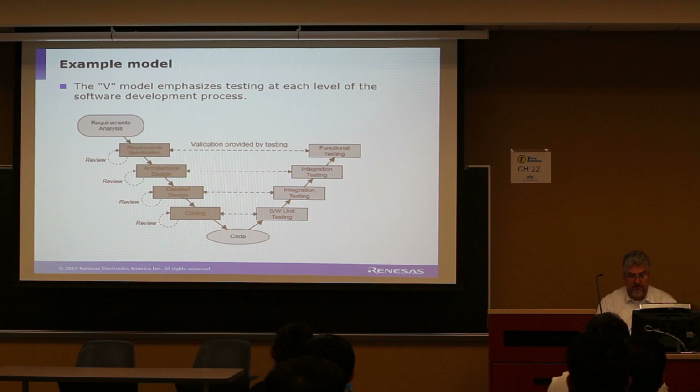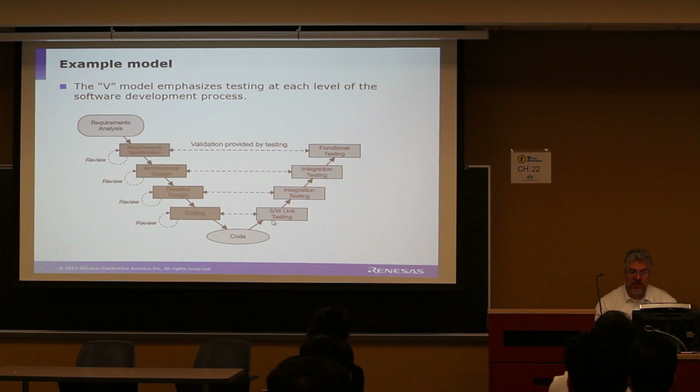You will code it, and then you will test small pieces of code alone. Then you'll put several pieces of code together and test that, and then maybe you'll integrate the code with the hardware and test that, and then finally you will functionally test your eventual device.